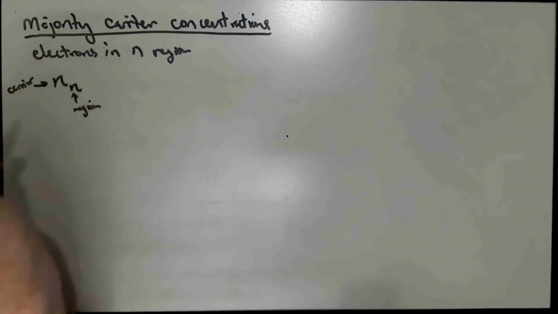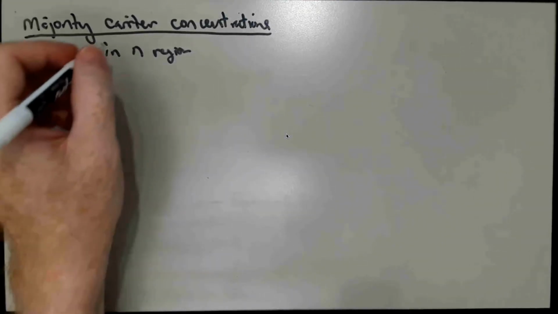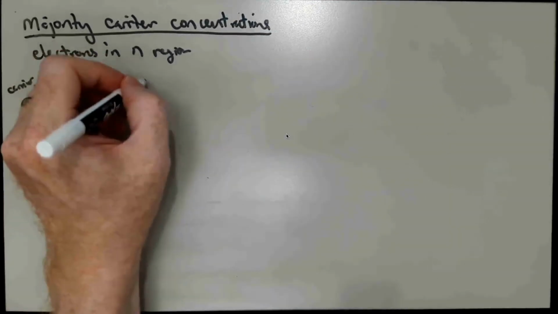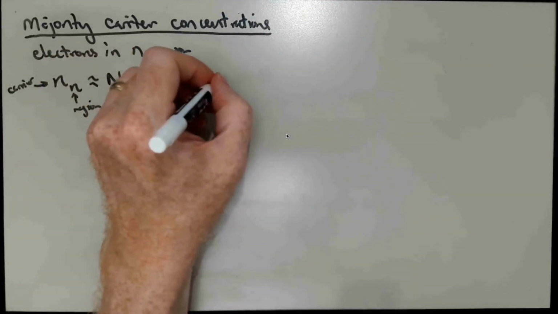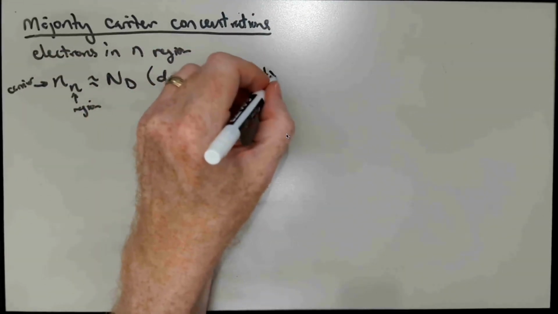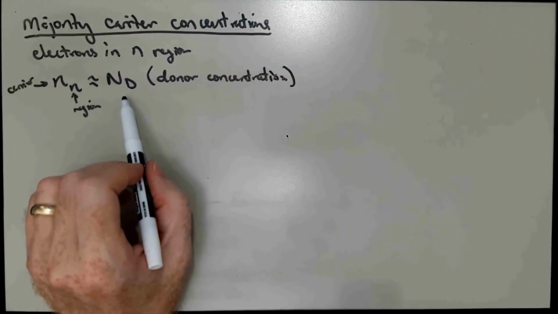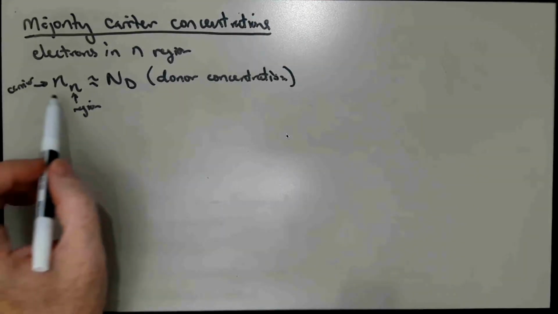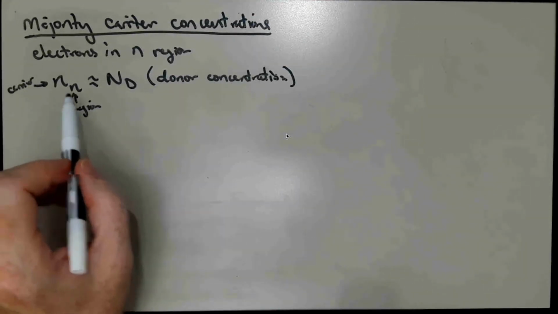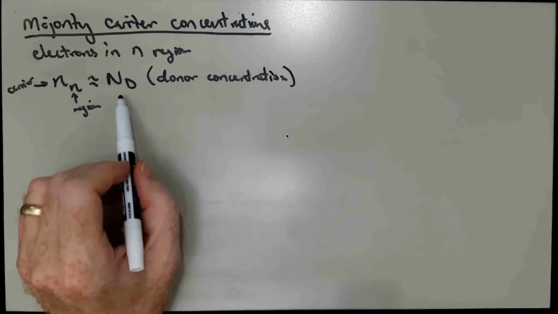And that's going to be approximately constant in that region as a function of position, and it's given by approximately N sub D, which was, as you'll recall, the donor concentration. These are the impurities that donate that extra valence electron for the purpose of conducting a current. And at room temperature, we make the assumption that all of those donors are ionized, and so this concentration of mobile electrons is just about equal to the concentration of donors.